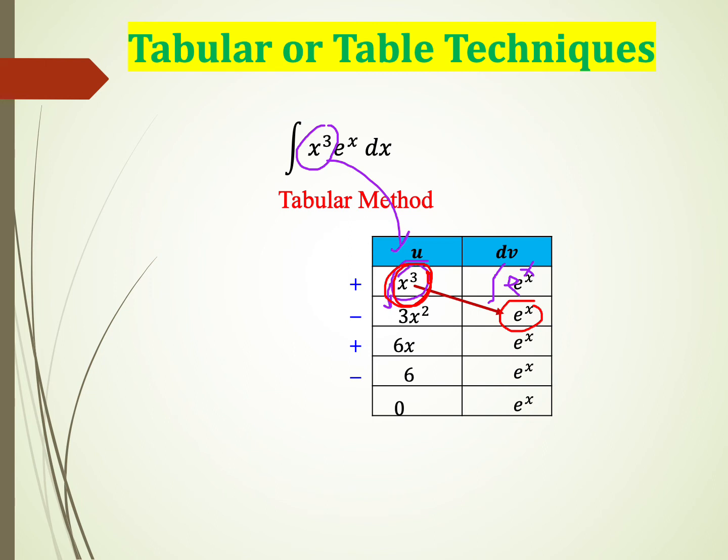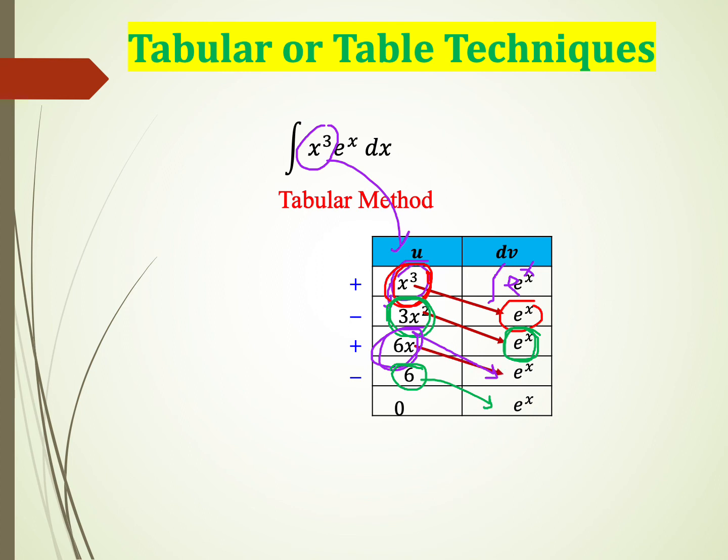Then I multiply again the second one, which is 3x squared, by the next part on the other column. Then I take 6x, and I multiply 6x by also the next one. Then finally I take 6 and I multiply it by this one.